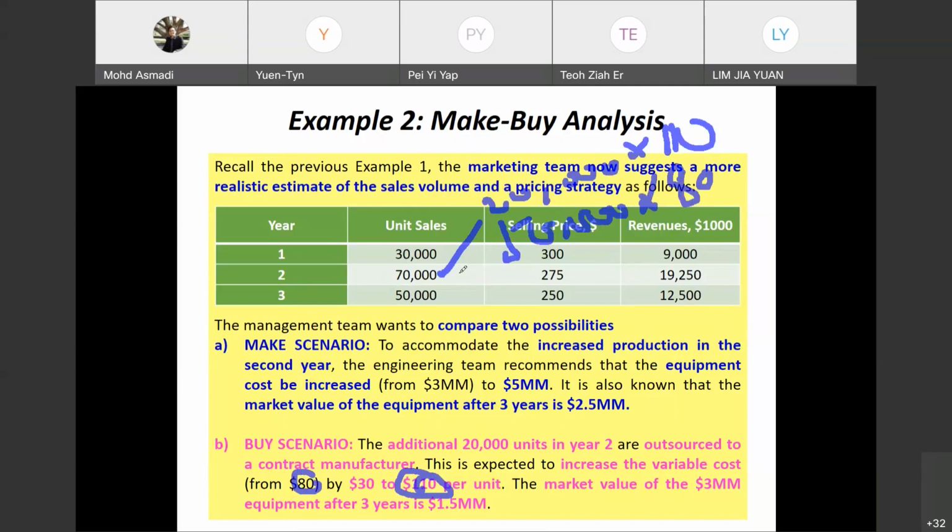So 20,000 is outsourced in year 2. The market value of the 3 million equipment after 3 years is 1.5 million. This one 2.5, this one 1.5.